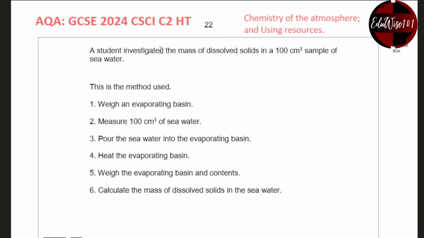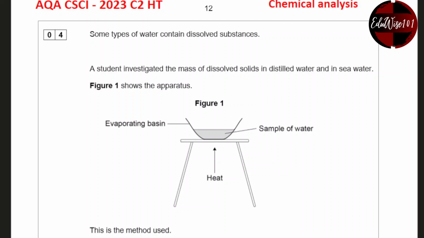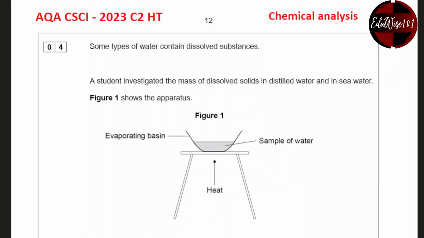This part, a student investigating the mass of dissolved solids in seawater, is very similar to the question I'm showing you here, which is question number 4 from 2023, the year before.